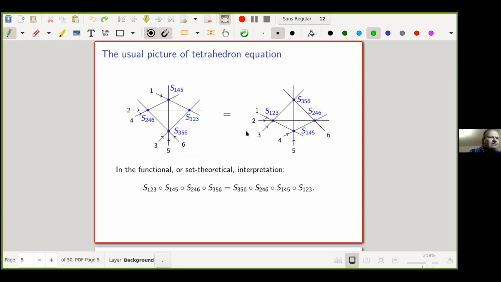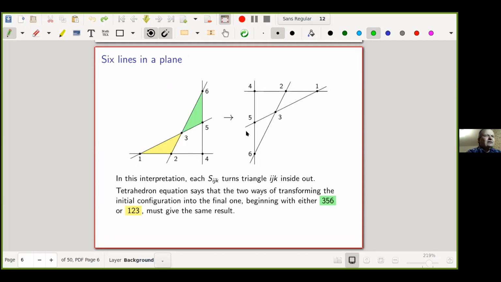So if we turn inside out this left-hand side triangle, how does it happen?